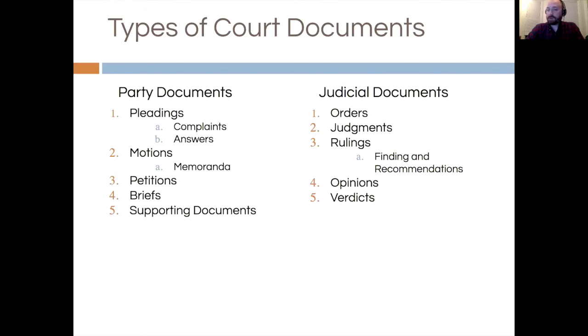But there are certain issues that a magistrate judge is not authorized to rule on. But instead, what they'll do is review it and then issue a finding and recommendation. Those FNRs are often adopted by the court itself. So they're related concepts.